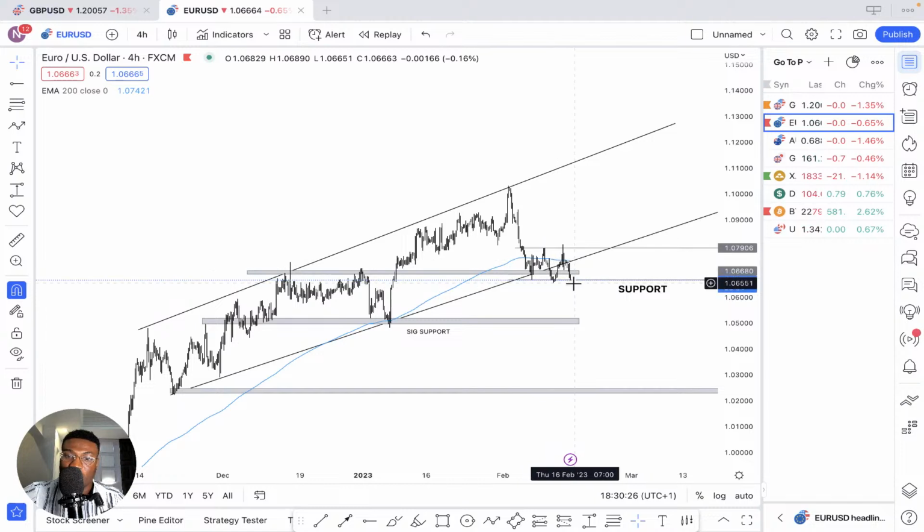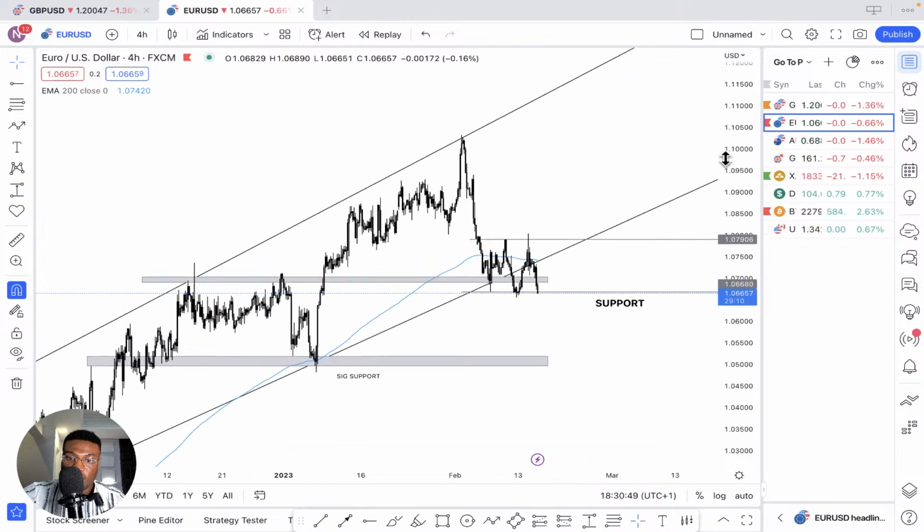So until we have this break below this neckline here, which is also going to be a sustained bearish movement below the 200 period moving average, then I could say look for selling opportunities and we'll short Euro USD way down to 1.05.